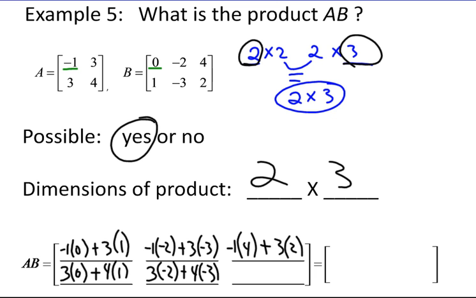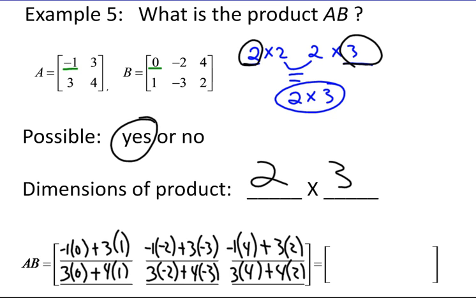Second row, third column is next. We are going to multiply 3 times 0 plus, oops, wrong. I was looking at the wrong one. Excuse me for a second. It's not 3 times 0. It's 3 times 4 plus 4 times 2.